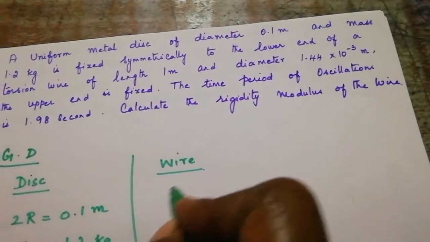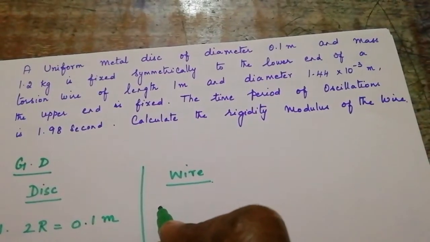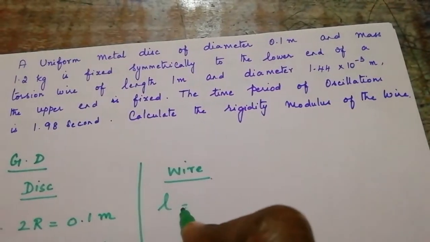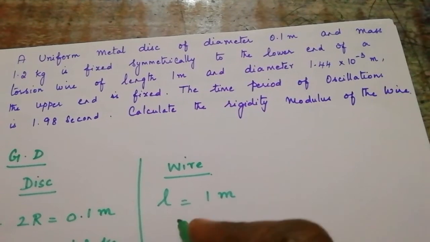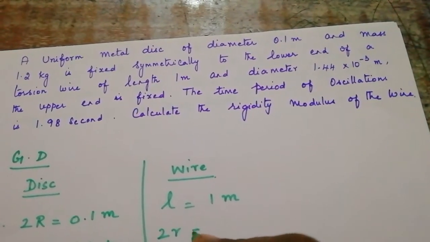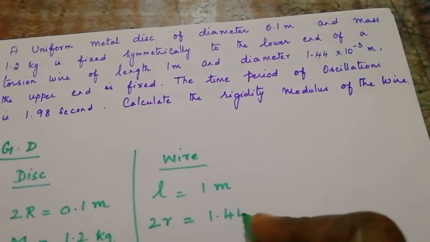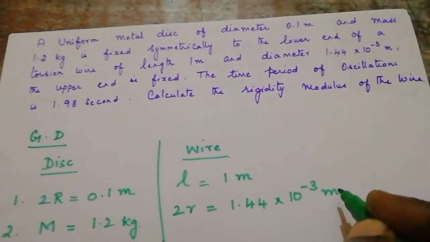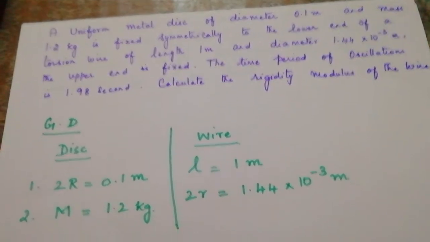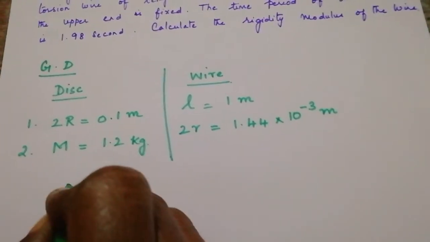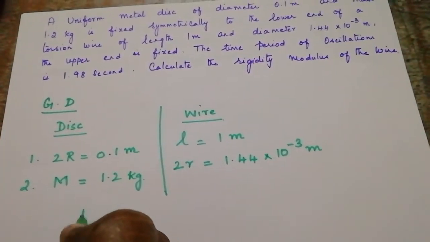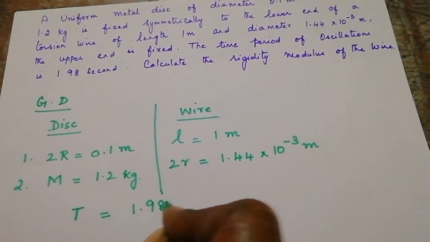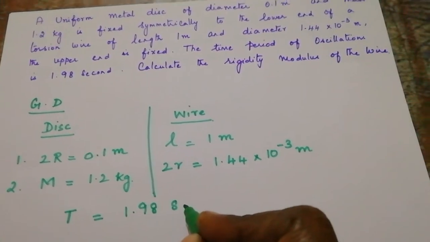For the wire, the length is 1 meter, the diameter 2r is 1.44 × 10^-3 meter, and the other parameter given is T = 1.98 seconds, the period of oscillation.